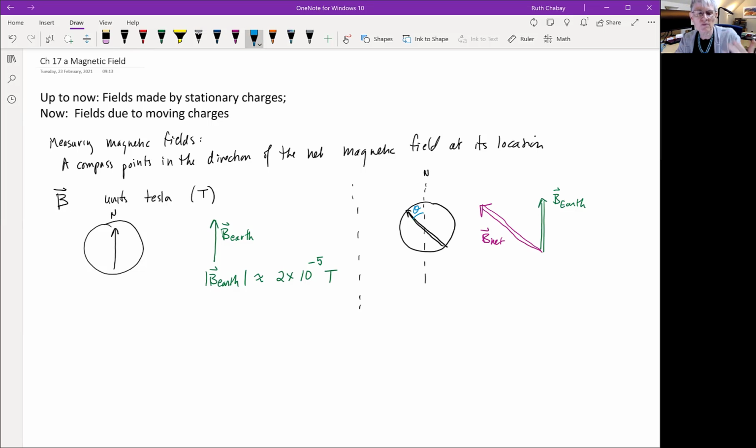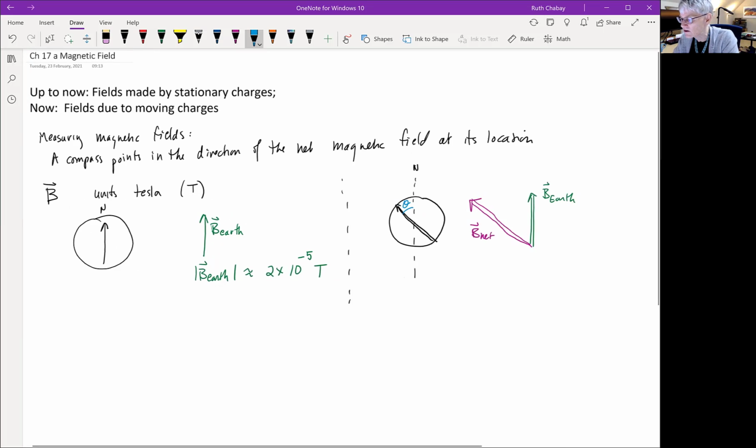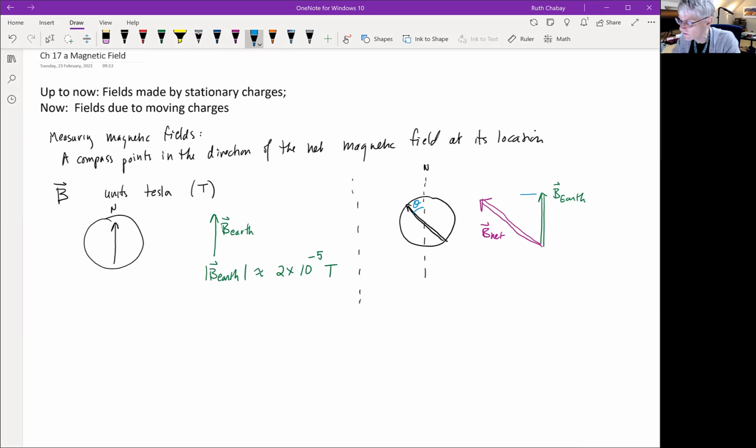And therefore, something else must have made a magnetic field that just adds to the magnetic field of the Earth to give the net field. So this is the magnetic field of something else. It could be a magnet, it could be electrons moving in a wire.